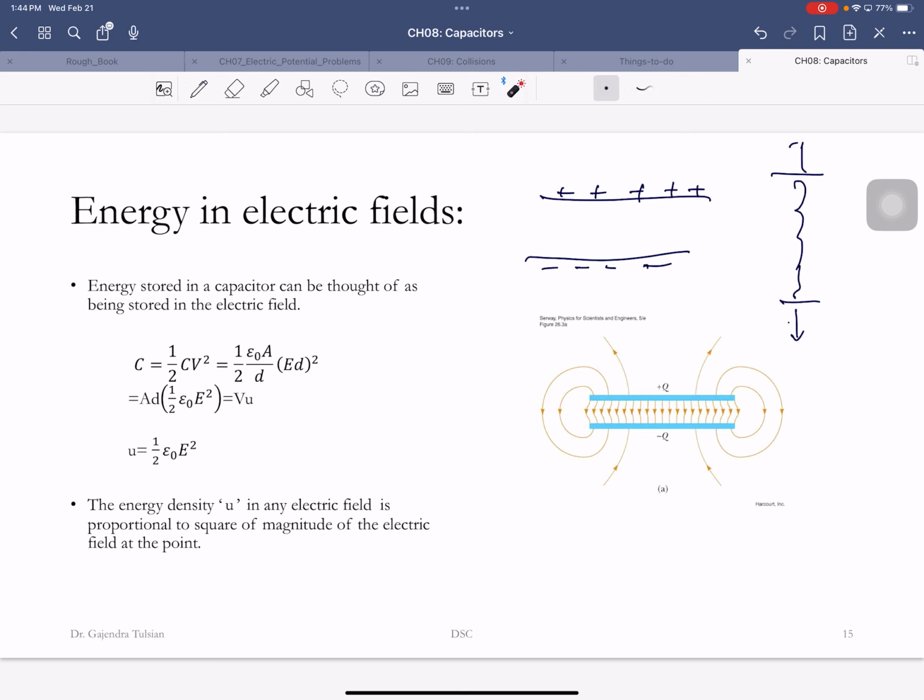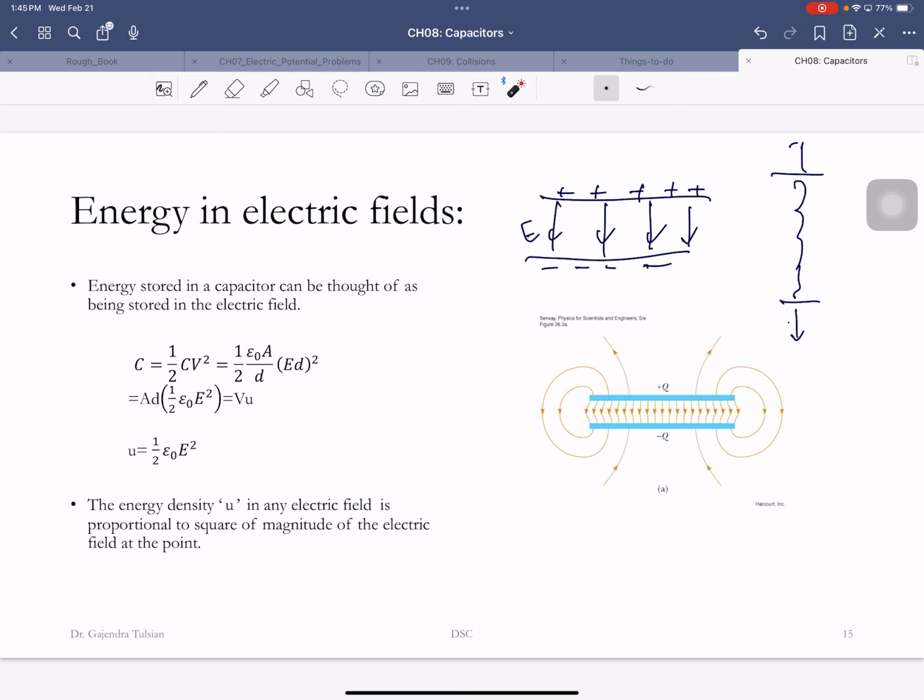Here's another way to look at it. When you charge this thing, you create an electric field, and you've stored energy in the electric field. When the capacitor was uncharged, the electric field was zero, and there was no stored energy. Anytime you create an electric or magnetic field, you're storing energy in the field.